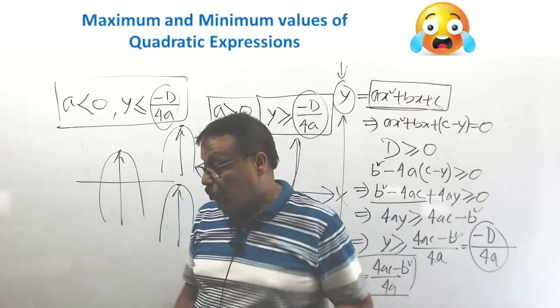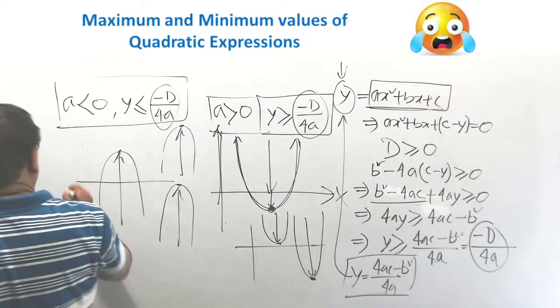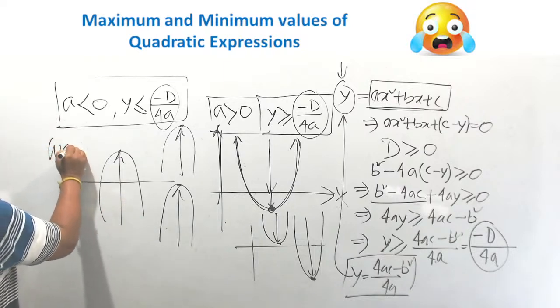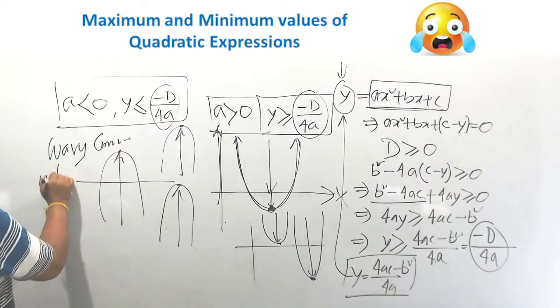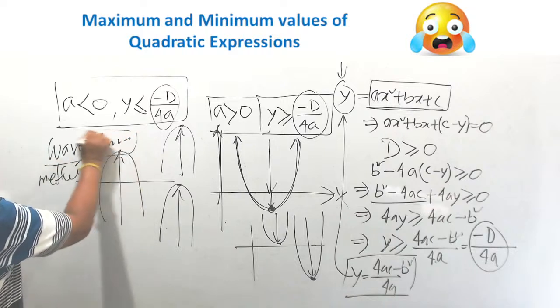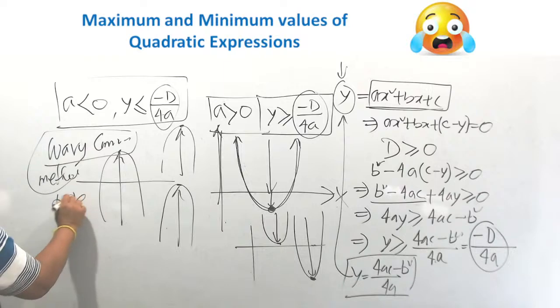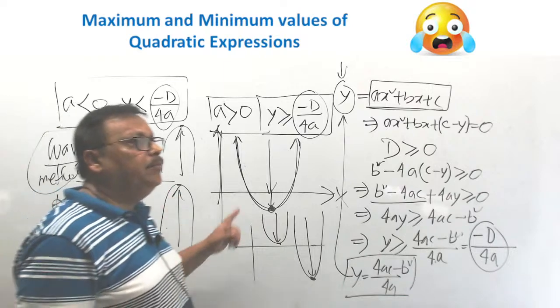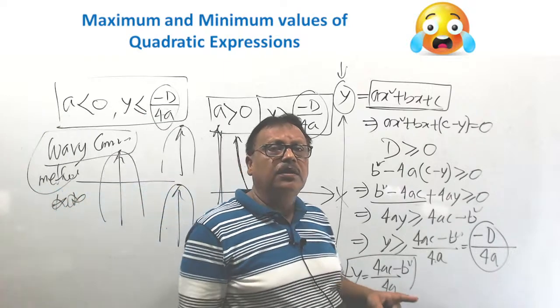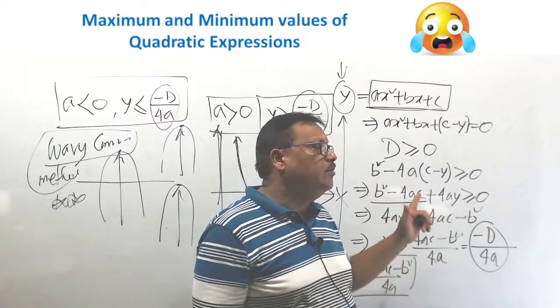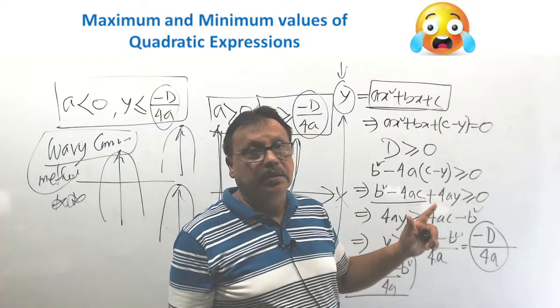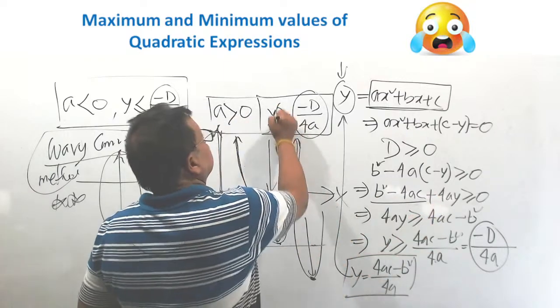It is called the OAB curve method. The OAB curve method is a very important method for finding the maximum and minimum values of x or y, whatever it may be, in all categories of inequalities. These all are inequalities. Understood?